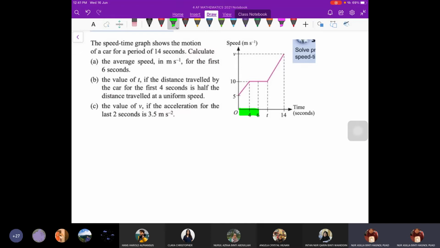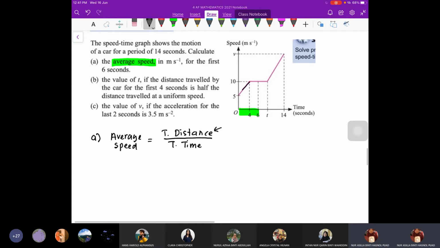Minta average speed. So, kita dah buat dah tadi dalam example before this. Which is average speed is total distance over total time. Dan saya kata, kalau speed time graph, total distance, kamu kena guna konsep area under the graph.